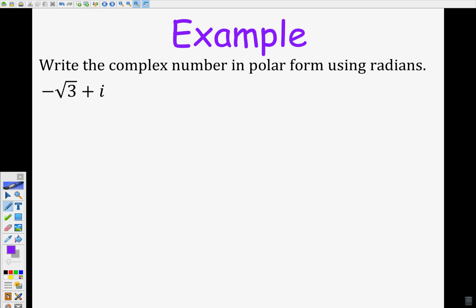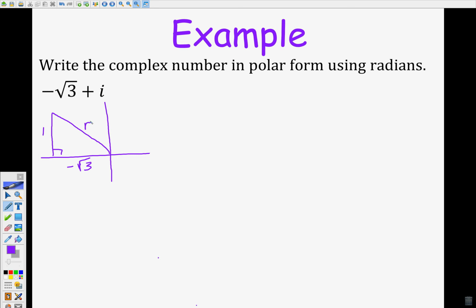Now let's try doing the same thing, but we're going to do this one in terms of radians. So write the complex number in polar form using radians. First off, I'm going to draw my triangle and find my radius. So this time, x is going to the left because it's a negative square root 3. And y, my imaginary one, is going up by 1.